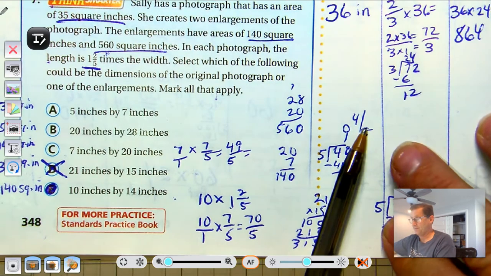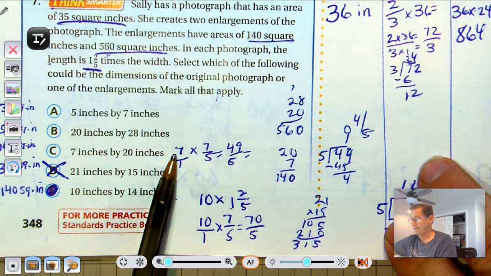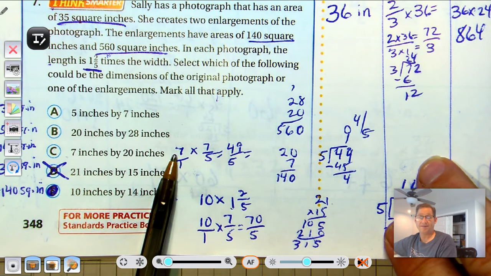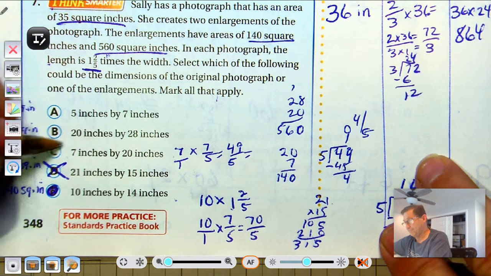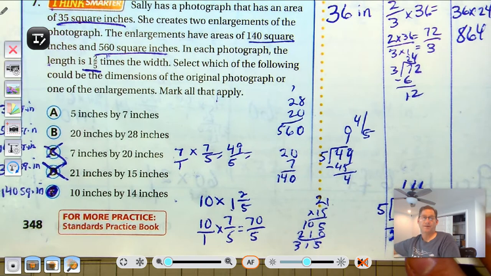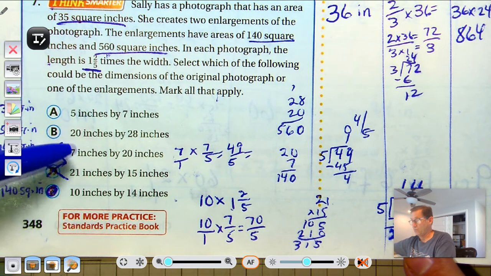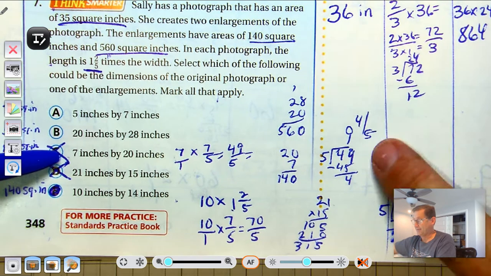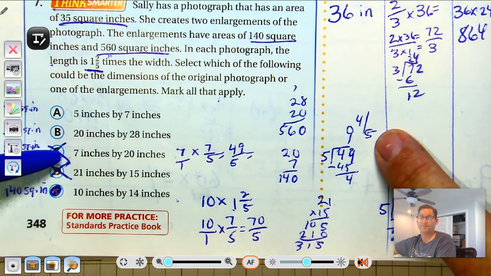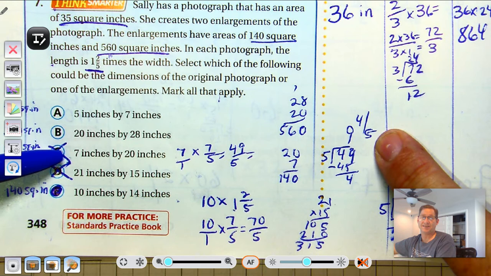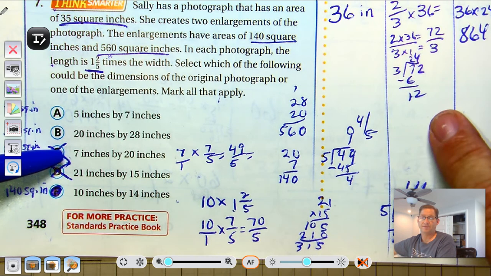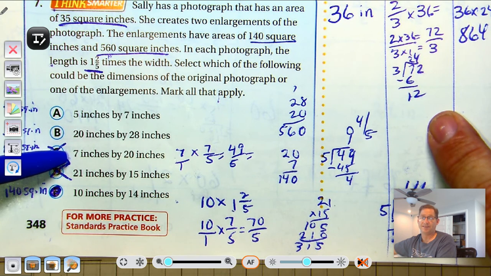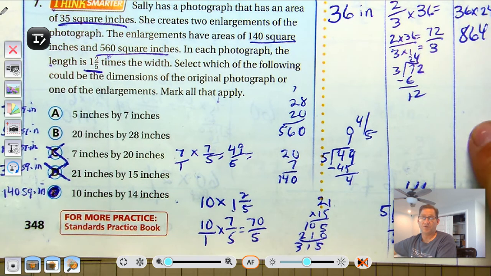So 9 and 4/5 times 7 is what it should be. So C is not right. Okay? Because 1 and 2/5 of 7 is 9 and 4/5. And 9 times 7 is not going to get me 35. It's not going to give me 140, and it's not going to give me 560. So it doesn't match any of those.